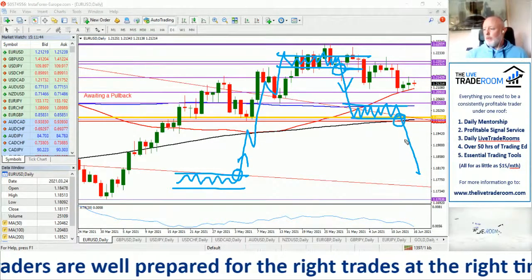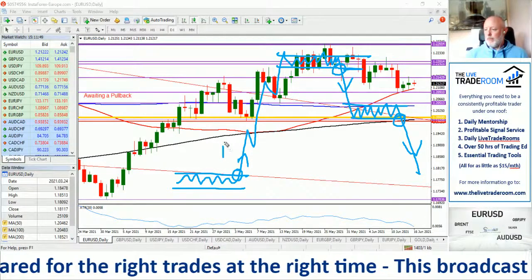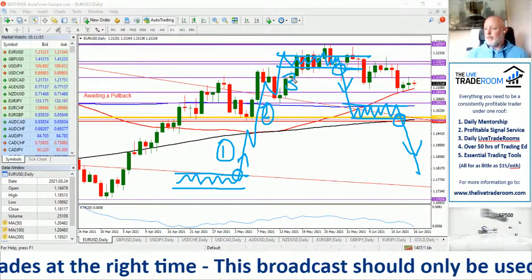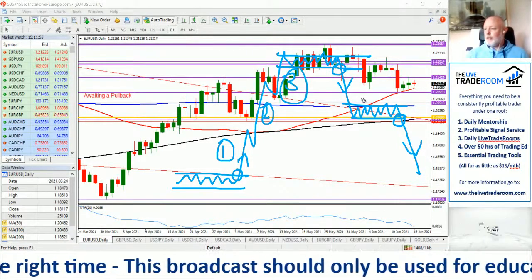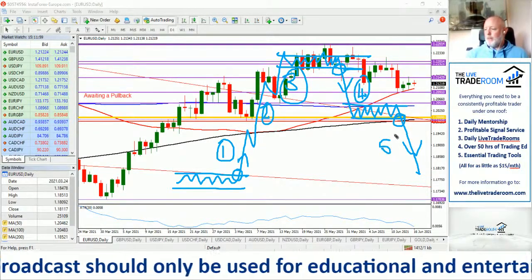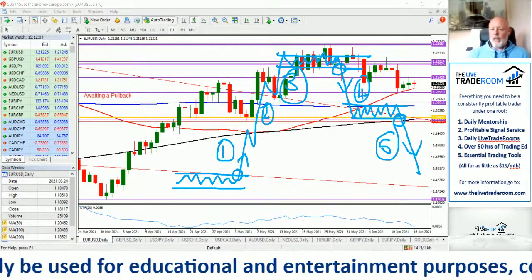You might get multiple opportunities in a move like this. The opportunities might be few and far between, but they're likely to be really quite profitable ones.